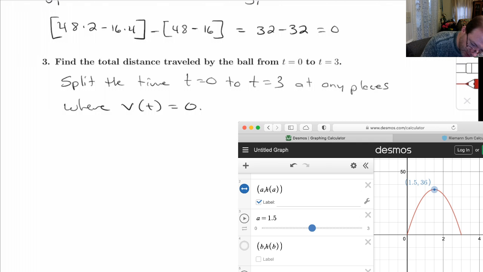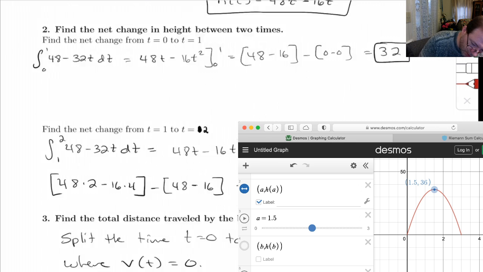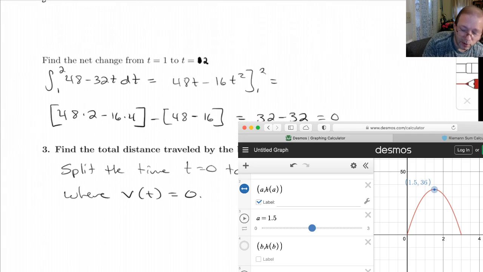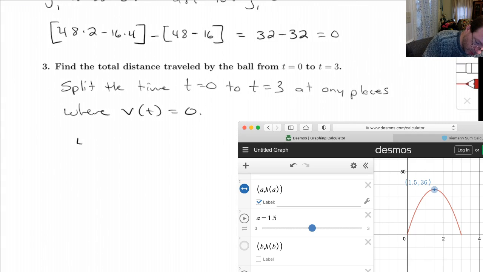So v of t was 48 minus 32t. If you solve this out, you get 48 is 32t, so t is 1.5.